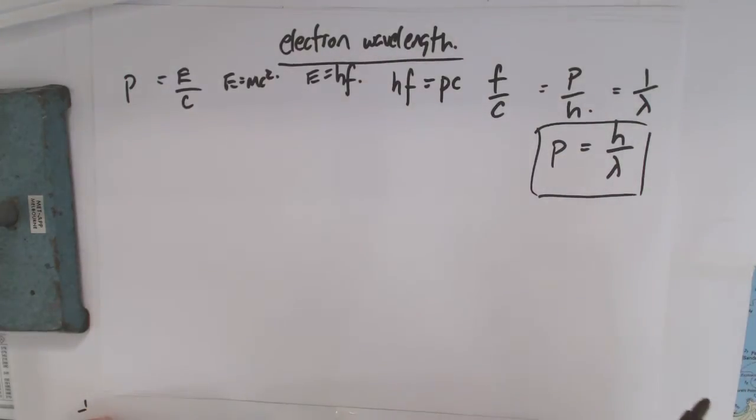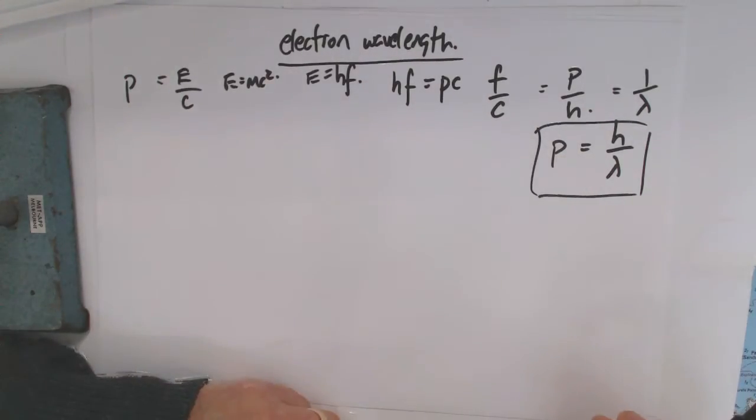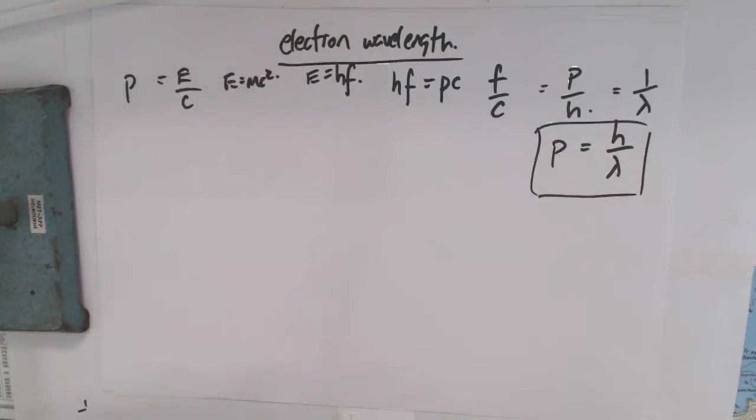So we're starting to see the nuts and bolts where all this stuff is. These photons can be viewed as having a certain amount of energy, and they can be viewed as having a certain amount of momentum. That the momentum times the wavelength will give you Planck's constant, which is an interesting thing.